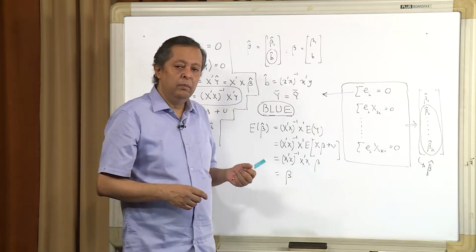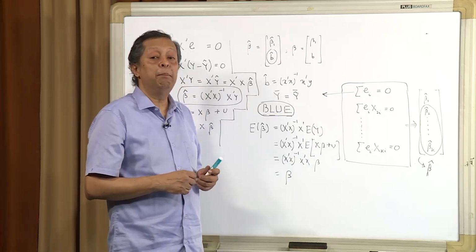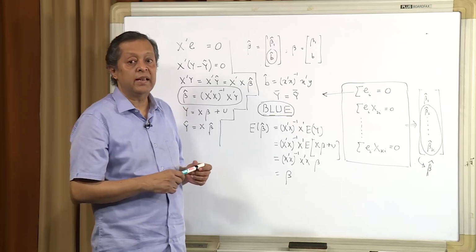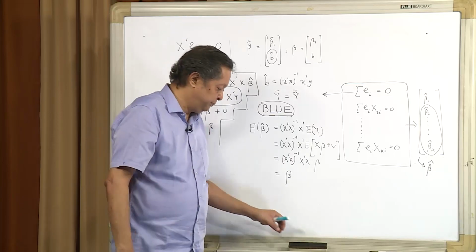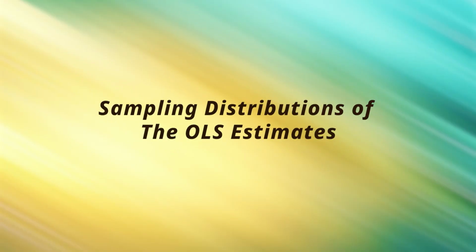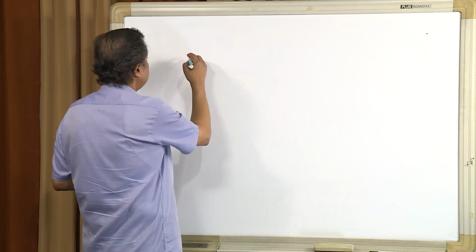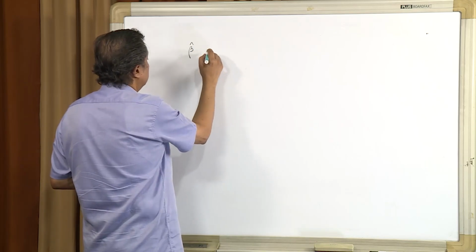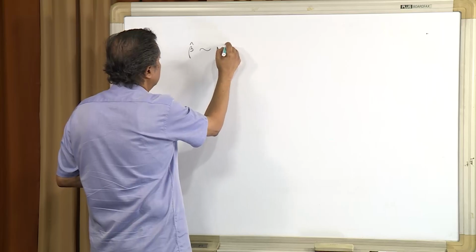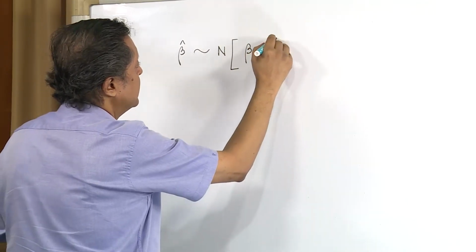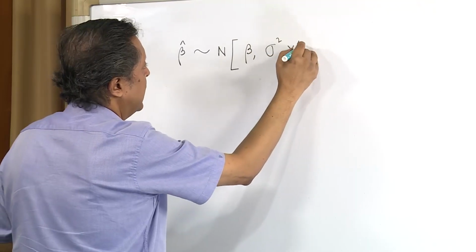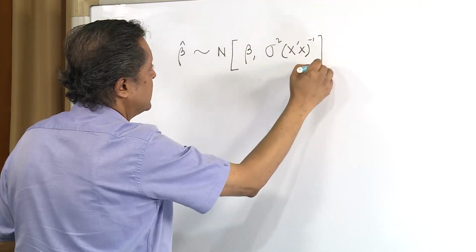Now, from this step we will move on to the sampling distribution of the estimated betas. So, we say that beta hat follows a normal distribution with mean beta and variance sigma square X prime X inverse.